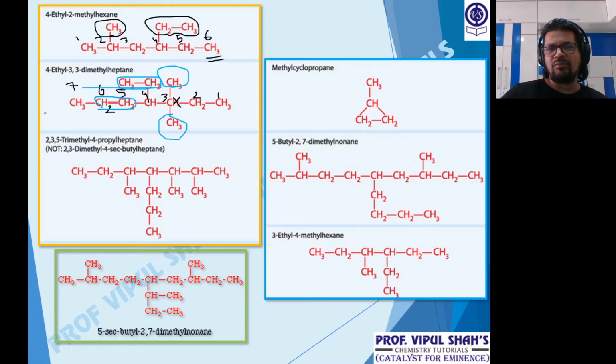Then my numbering will be 1, 2, 3, 4. Then it will be 4-ethyl, 5,5-dimethyl, skeleton of 7, hept-2-ene. Please draw the structures in your book and write the IUPAC. Once again, it will be 4-ethyl, 5,5-dimethyl, hept-2-ene.